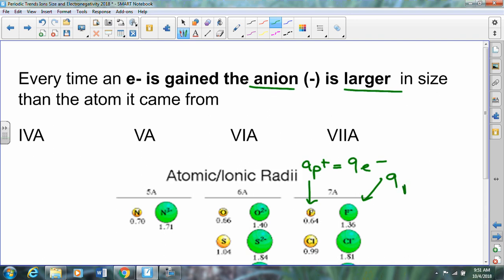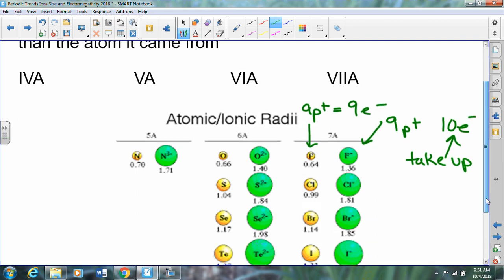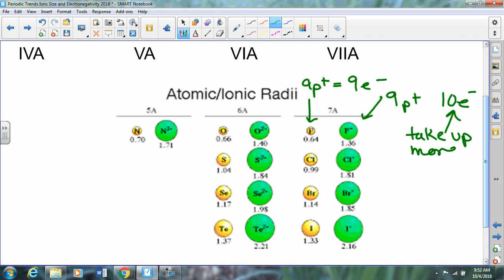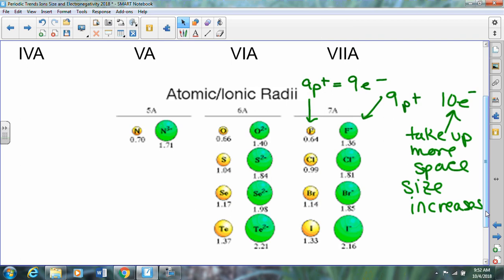These electrons take up more space, and therefore the size increases. Remember, electrons are moving and they're repelling each other, and so if you put more electrons into a space, they're going to have to push out and take up more space.